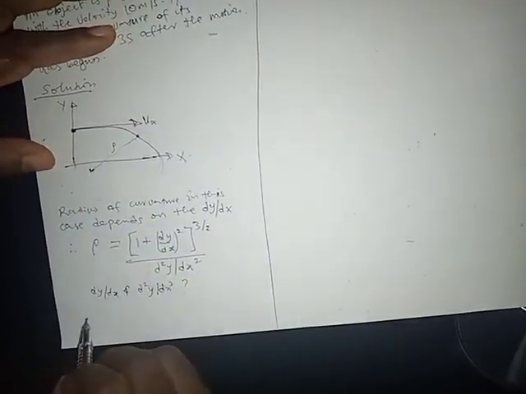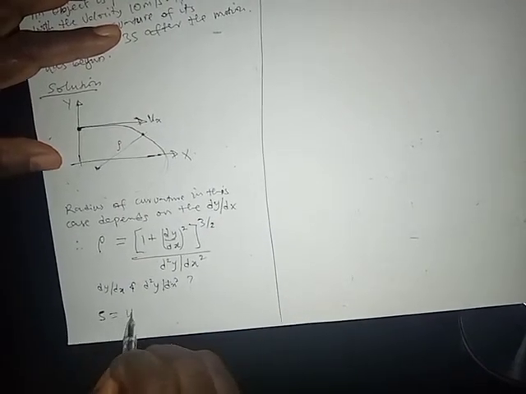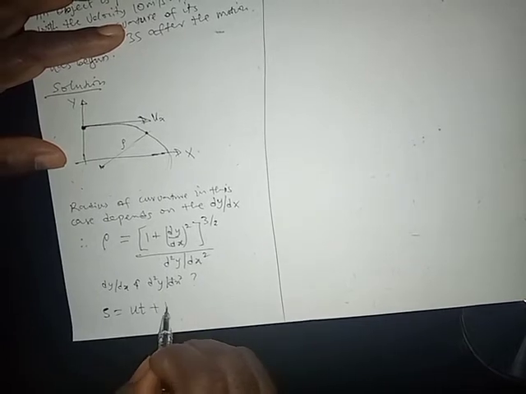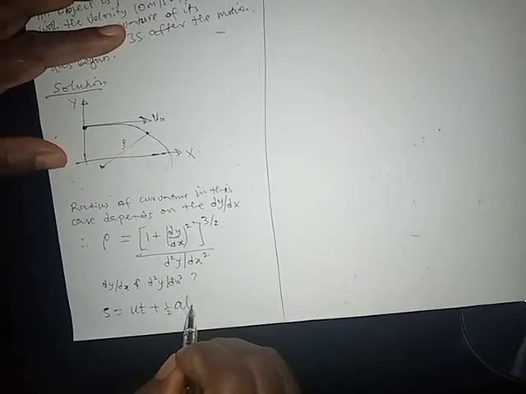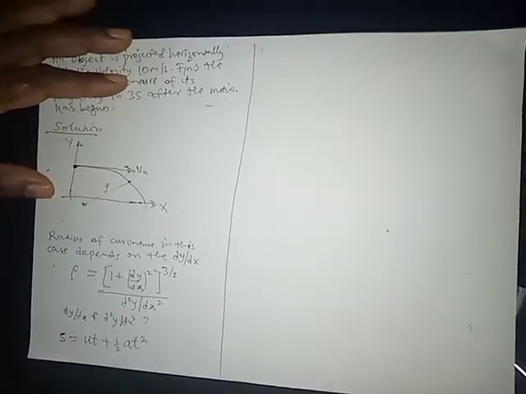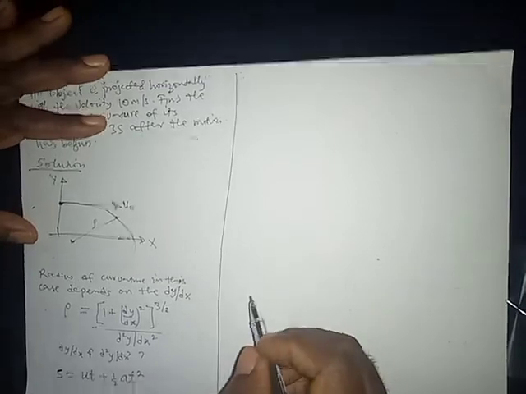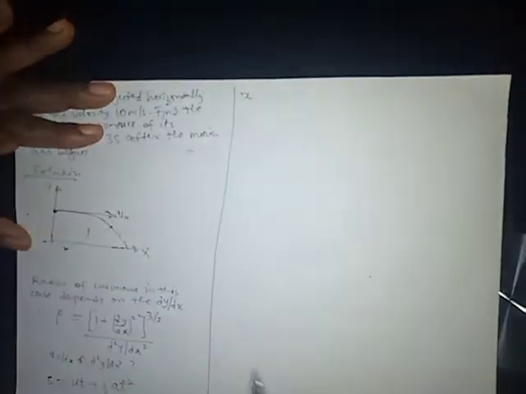First, we know the equation of motion that says distance is equal to u multiplied by t plus half a t squared. So the horizontal distance is x.